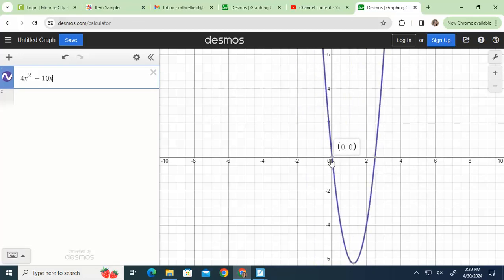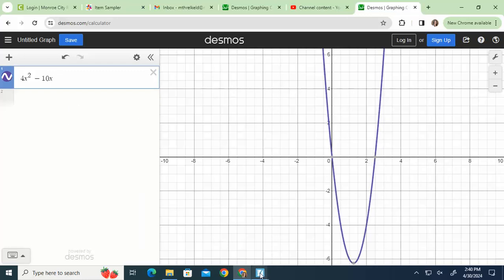Here's where I hit 0. So that's at 0. And 2.5. Is 2.5 the same as 5 over 2? 5 divided by 2 is 2.5. So it gave us the decimal form, but they are equivalent. So if you're wanting to check, use Desmos, you're looking for the x-intercepts, where it hits the x-axis.